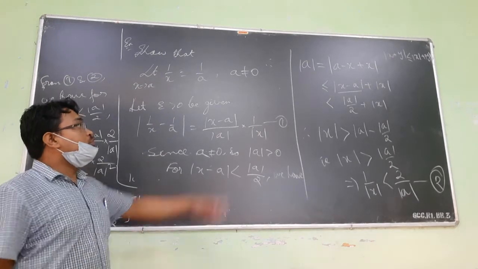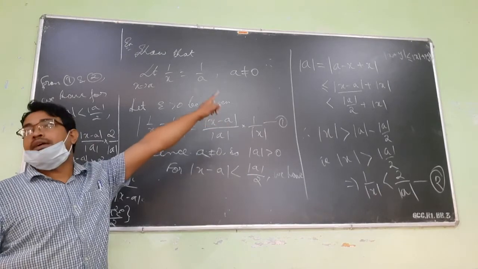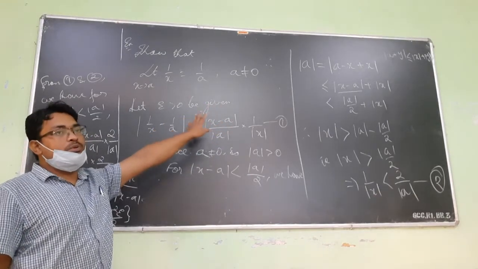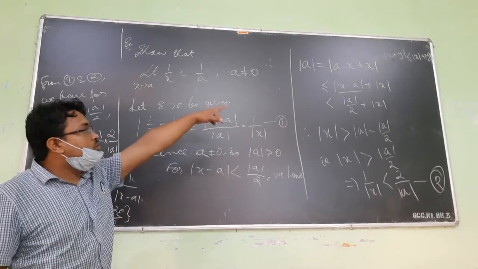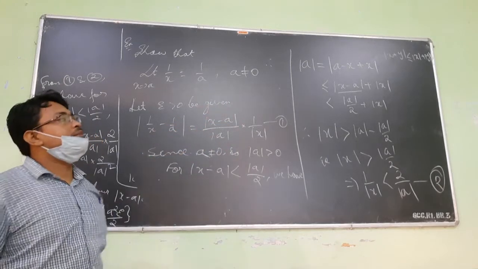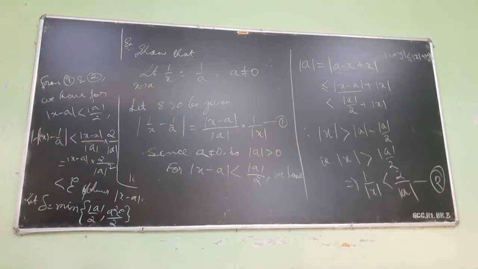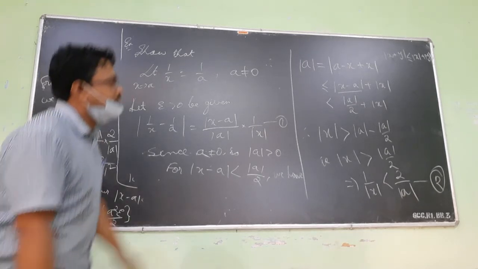The positive case also you can do the same way, and the negative case also you can do this way. Instead of finding x less than 3a by 2, you can do it directly this way. It's a better way of doing it.